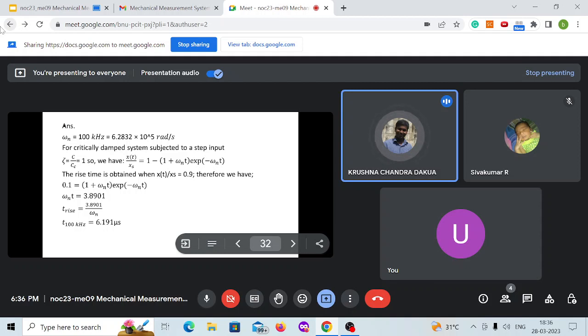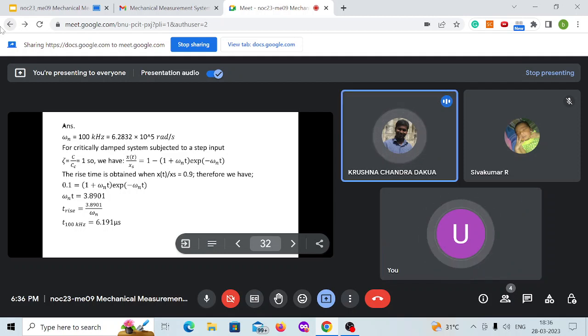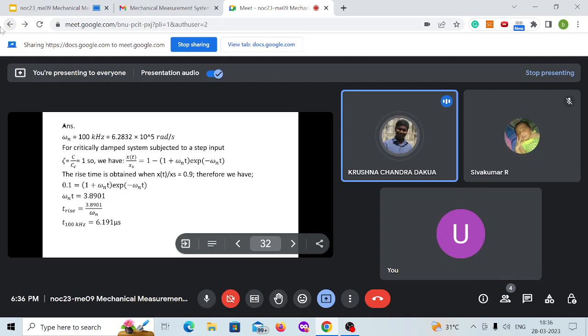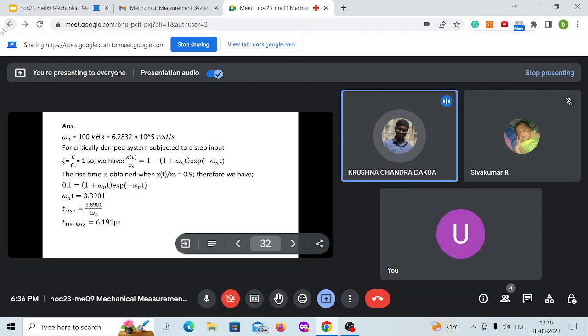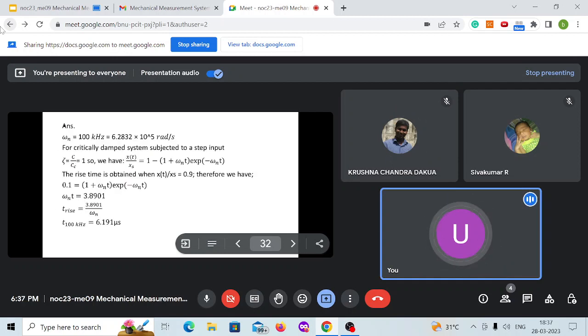If you know how to solve, you take the complementary and the particular solutions and solve those. You already know how the generalized expression is, so you can get it from there also. The other part to remember is the 0.9, because for the rise time it's not directly given, so that is also a catch here.